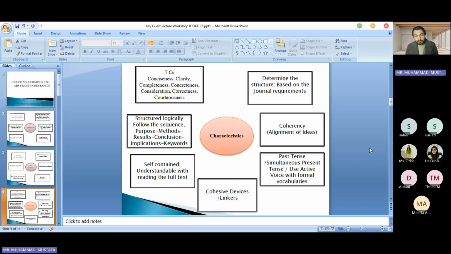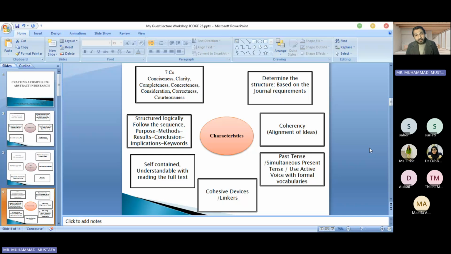In methods, we can also mention the type of data and the data analysis tools. For example, if your paper is quantitative, you will definitely use a type of software like SPSS or something.